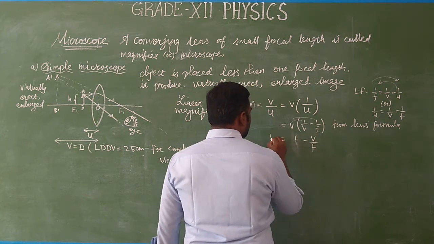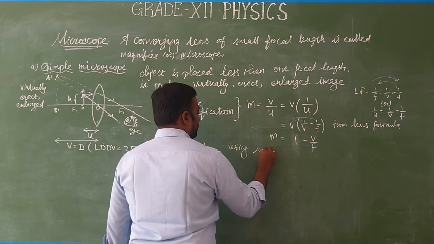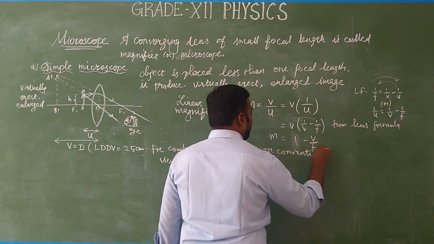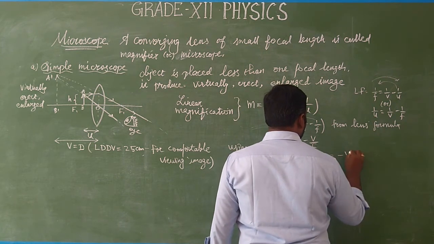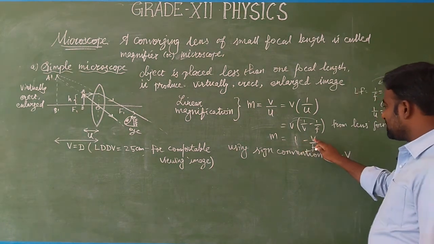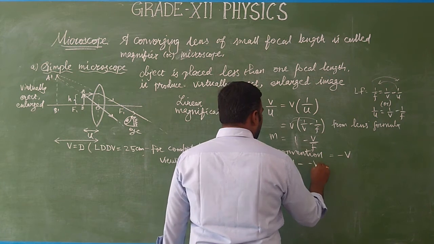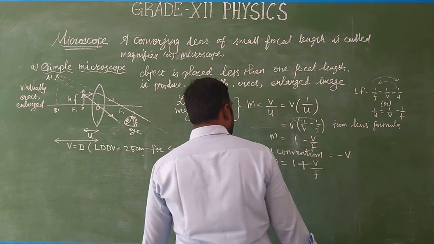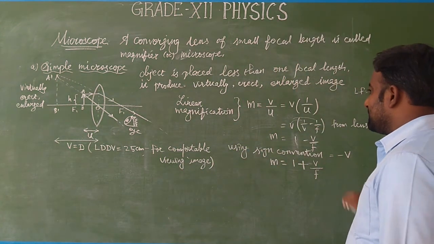Using the sign convention, the image distance is minus V. Already one minus is there, and now we are using the sign convention. So M is equal to 1 minus of V by F, and minus into minus becomes plus V by F. So we got the magnification.